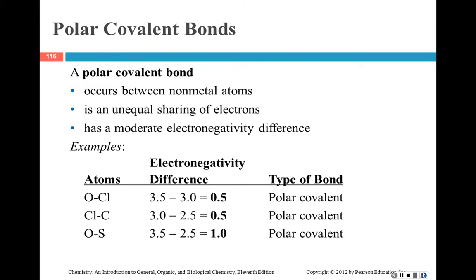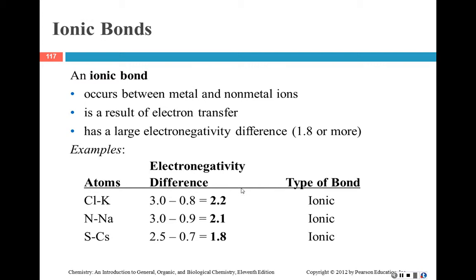For example, oxygen and chlorine, 3.5 and a 3, you get a 0.5. So that does form a polar covalent bond. Chlorine and carbon, and then oxygen and sulfur have a 1.0 difference. So anytime you have a moderate electronegativity difference, you're going to have a polar bond. Now, when you get up to 1.8 or higher, you're going to have an ionic bond.